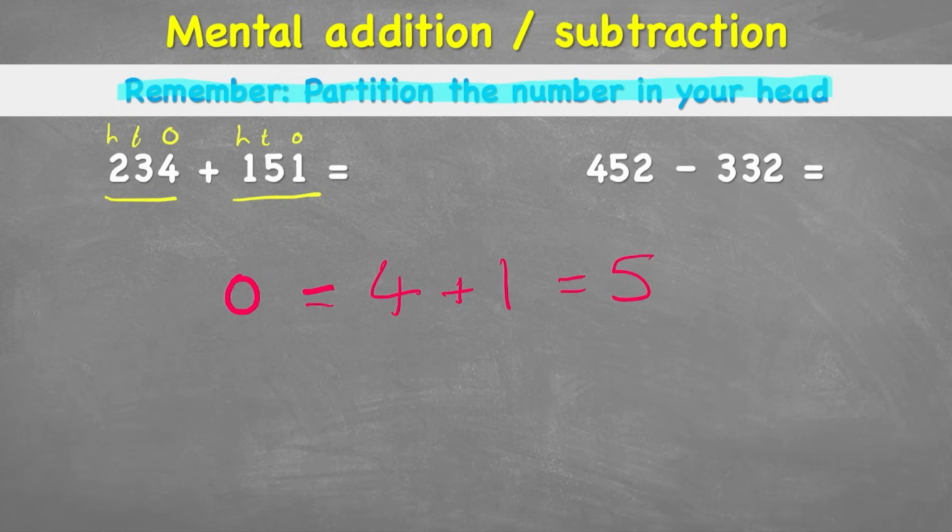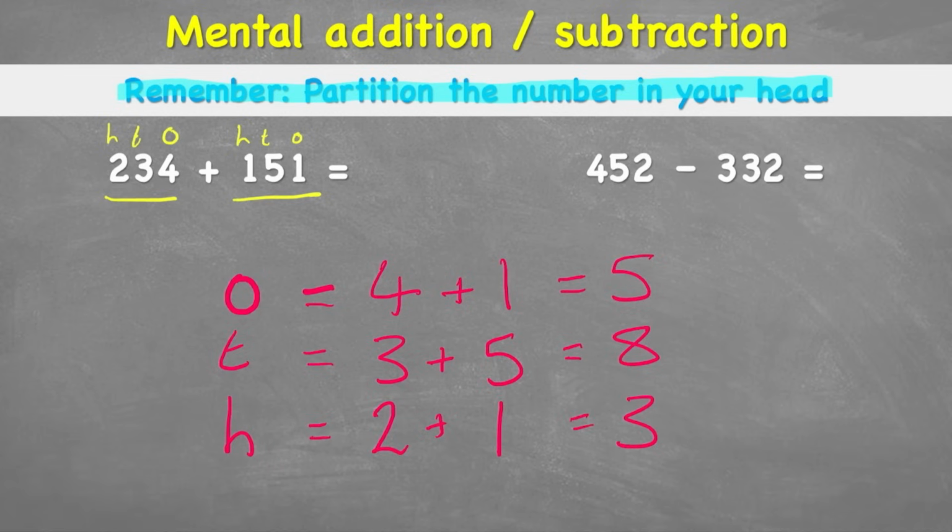Then I'd look at my tens and I would remember that 234 had 3 tens and 151 had 5, and therefore 3 add 5 equals 8 tens. And lastly, I would look at my hundreds and I would remember that 234 obviously has 200 and 151 has 100, giving me a total of 300.